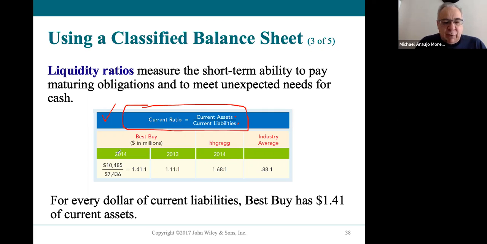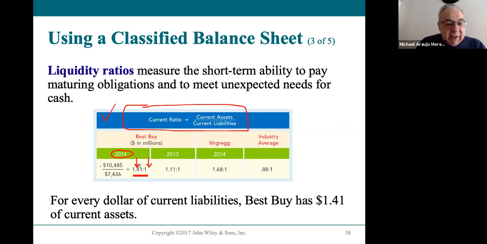Okay. So for Best Buy in 2014, they had $10,485 million of current assets. When you compare that to the $7,436 of current liabilities, you will get a ratio of 1.41 to 1. And what this means is that very first number represents the current assets, and that number represents the current liabilities.